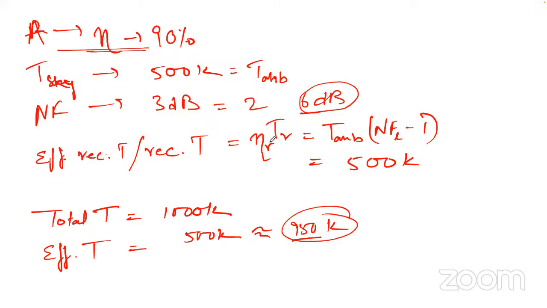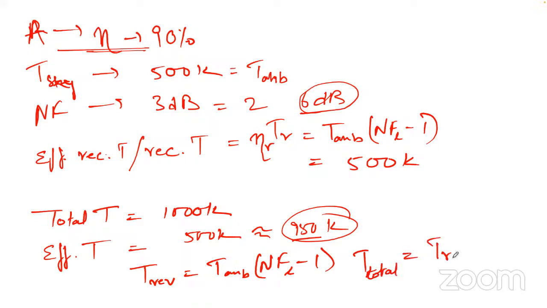To summarize: T receiver equals T ambient times noise figure in linear minus 1, and T total equals T receiver plus T sky.